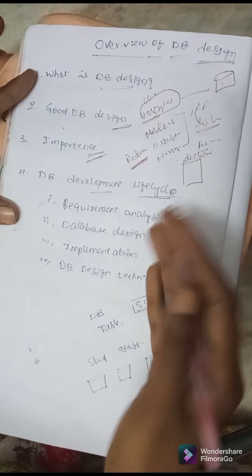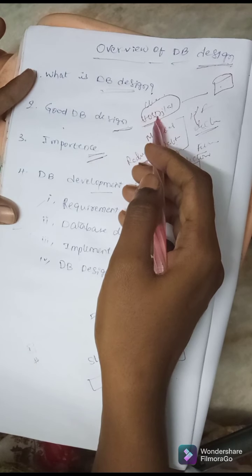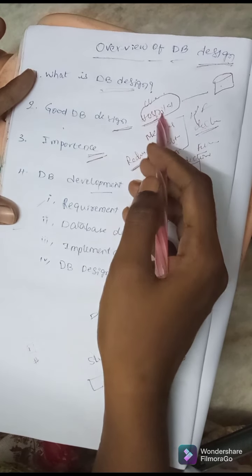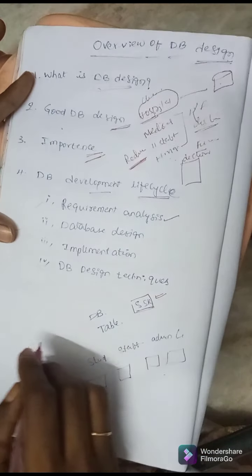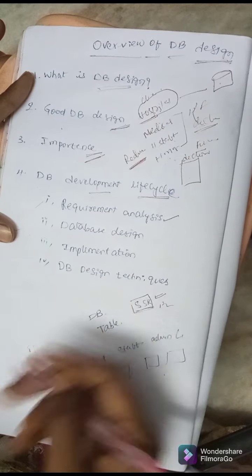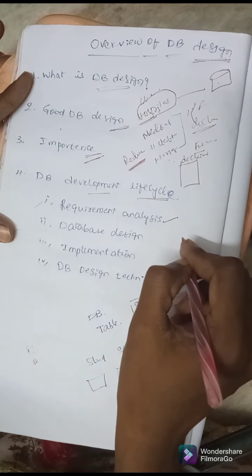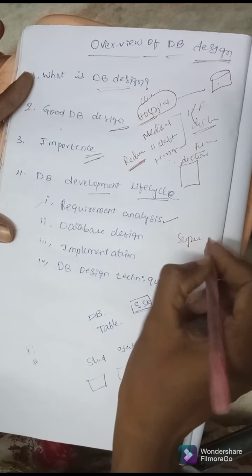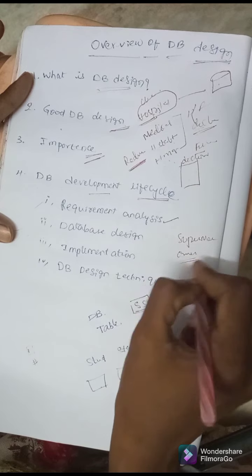So clients are nothing but who are giving the project. For example, hospital management is giving you the project to develop the database; hospital management is the client. If you are developing the database for SSR college, principal sir is the client. If you are developing a database for a supermarket, the supermarket owner is the client.